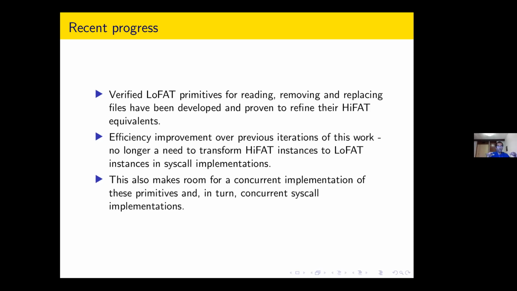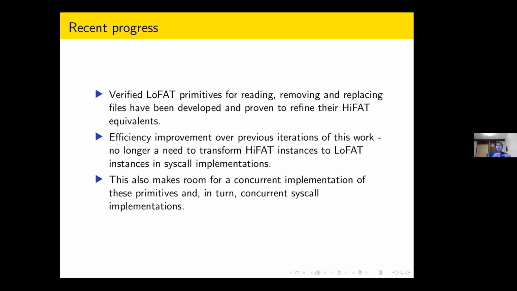We can just do everything in low fat, and it is still possible for us to do proofs in high fat and AbsFAT because of the refinement relationships that we have, but we no longer literally need to drop down into those models.